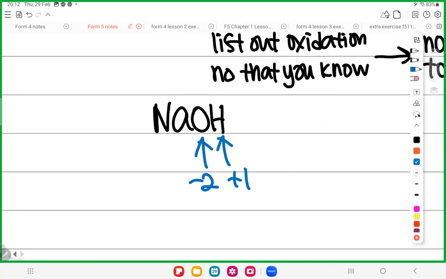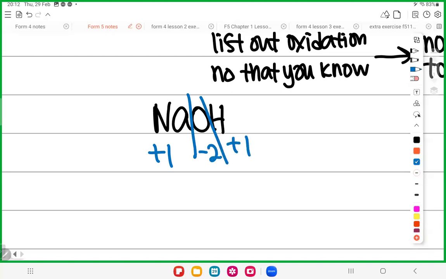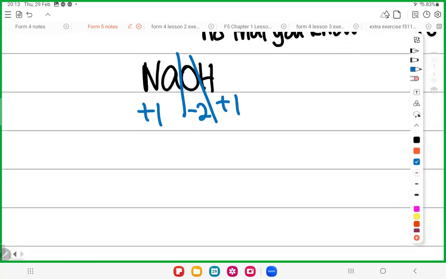Normally we separate them. For example, sodium is +1, oxygen is -2, hydrogen is +1. Normally we separate all the elements, back to the simplest elements. That's what we do. Is it okay, Putri?